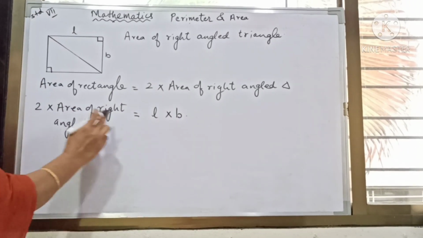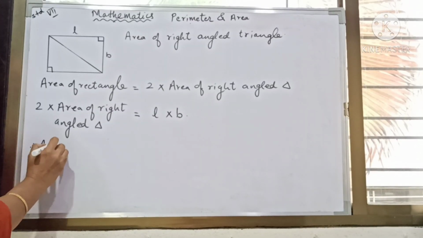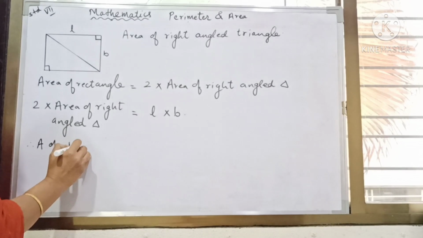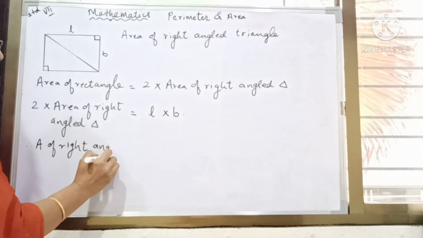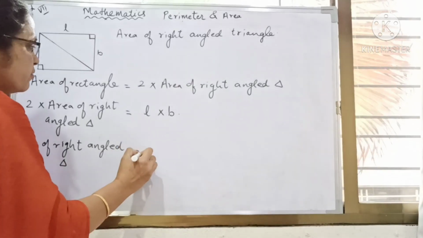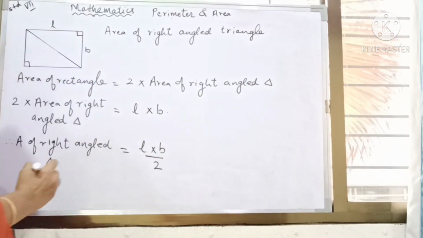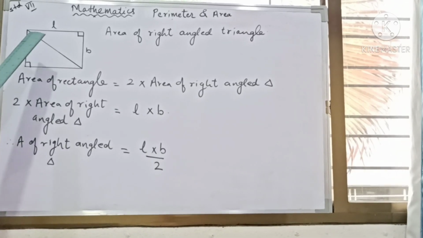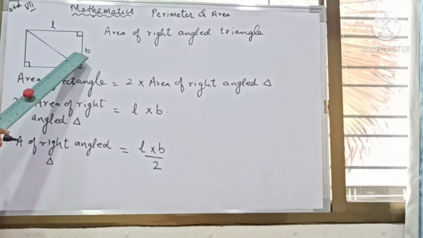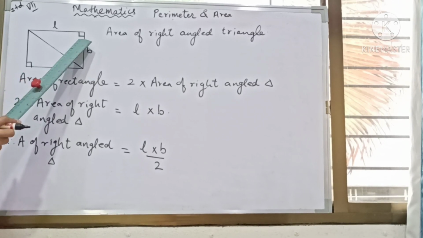Now take these two to one side. So we have area of right angle triangle is equal to length into breadth upon 2. So length into breadth, these two sides are nothing but the sides containing the right angle.